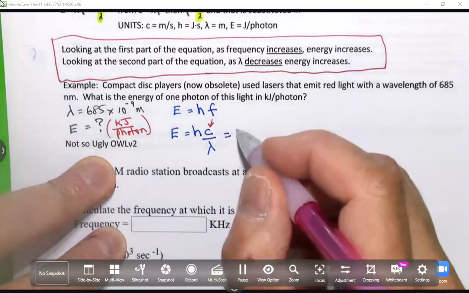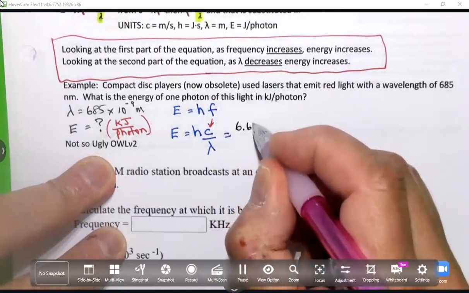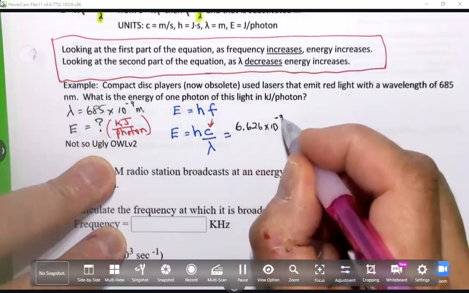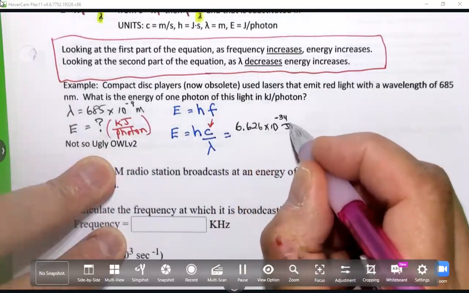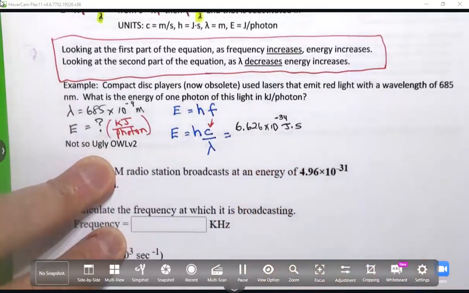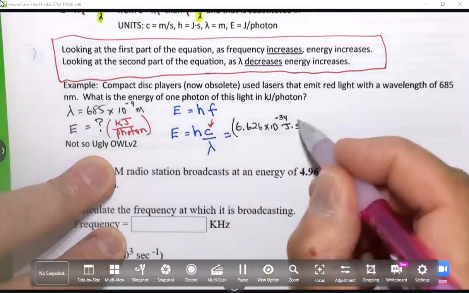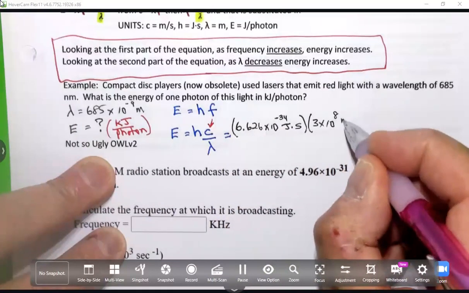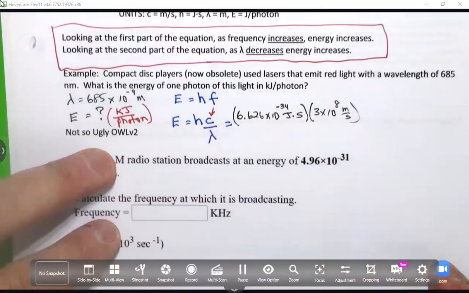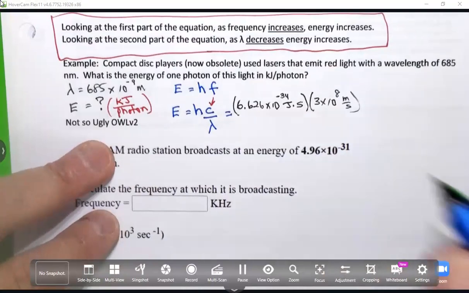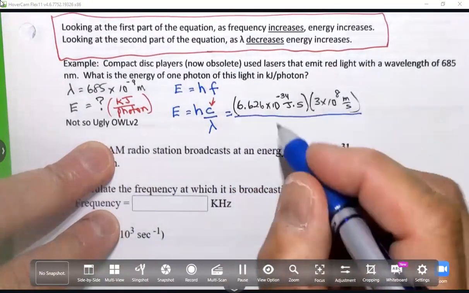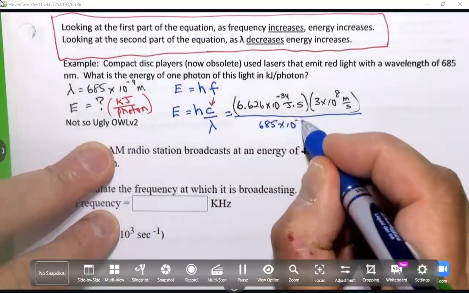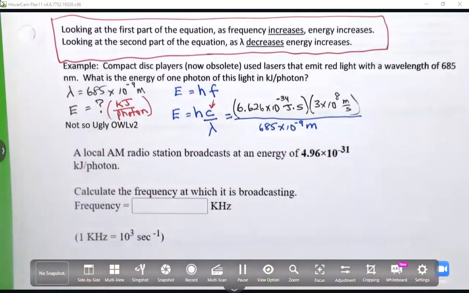Planck's constant, H, is 6.626 times 10 to the minus 34 joules times seconds. My speed of light, 3 times 10 to the 8 meters per second, divided by my wavelength of 685 times 10 to the minus 9 meters.